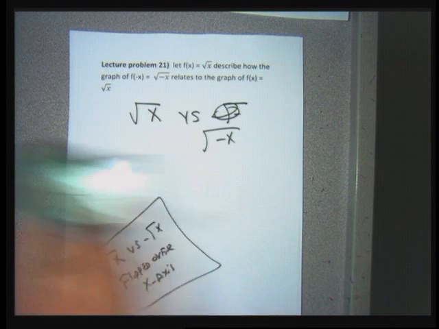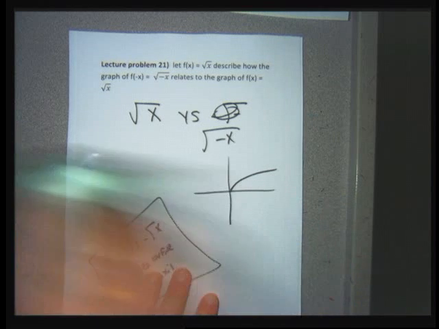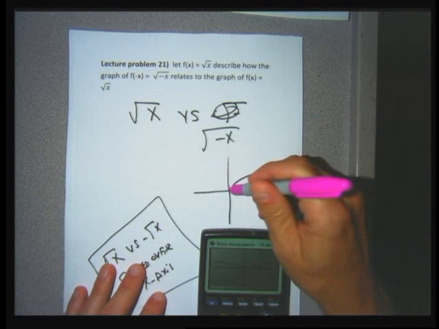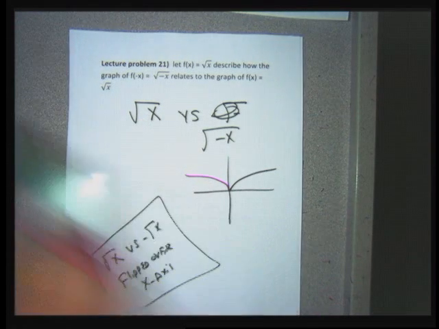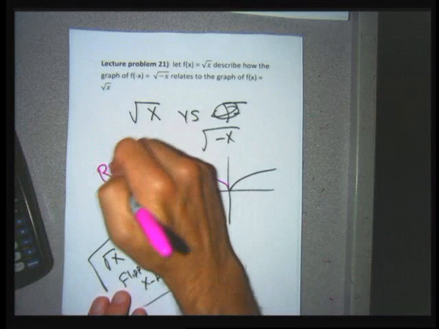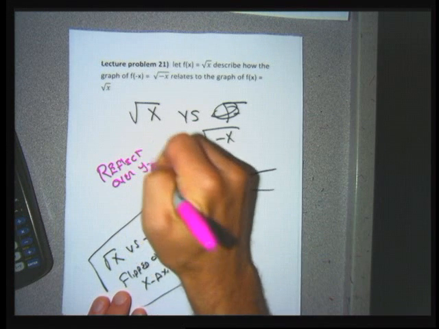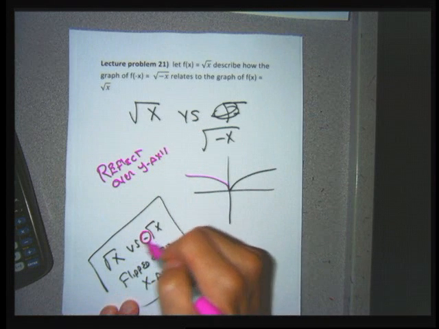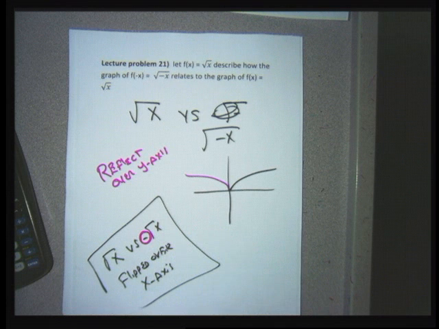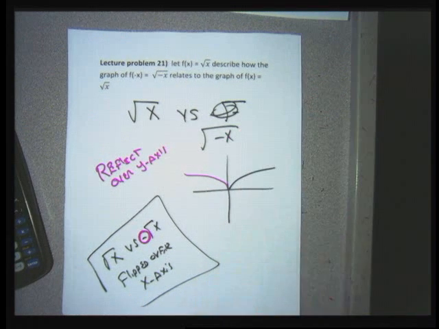The original is a half parabola on its side, and the new graph is a half parabola on its side, reflected over the y-axis as opposed to the x-axis. So a negative in front of the square root, or multiplying a function by negative 1, flips it over the x-axis. Replacing the x with a negative x flips it over the y-axis.